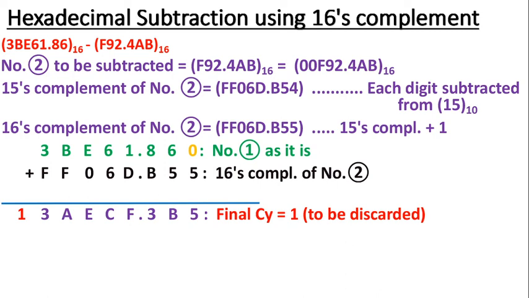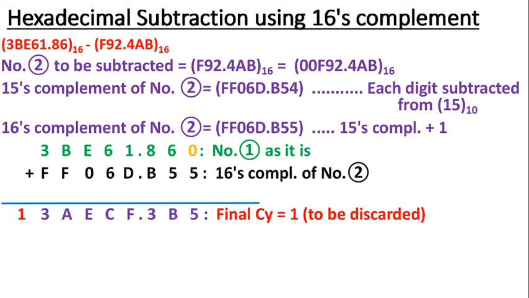That final carry, shown on the extreme left, is to be discarded because it is a 16's complement operation. Even earlier, in binary subtraction using 2's complement, the final carry generated was discarded. Analogously, in hexadecimal subtraction using 16's complement, the final carry generated is simply discarded.